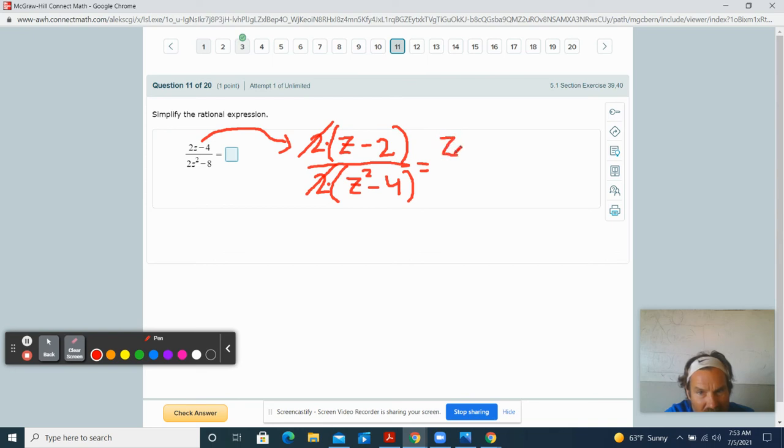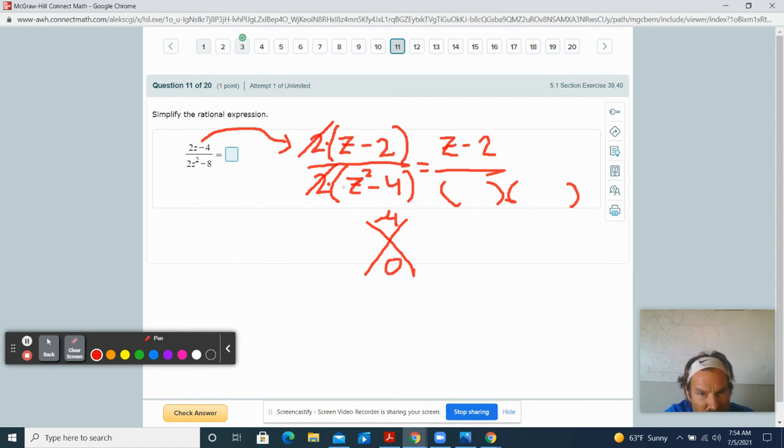We can't factor the top. The top is z minus 2. But the bottom, z squared minus 4, is factorable. I'm going to draw the diamond. So remember the last number is on top of the diamond. Now, if we don't see a middle number, it's 0.